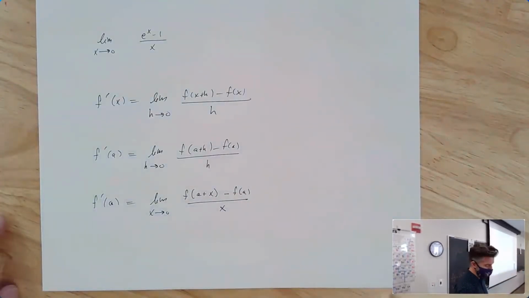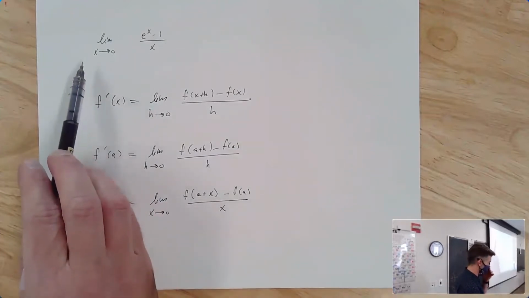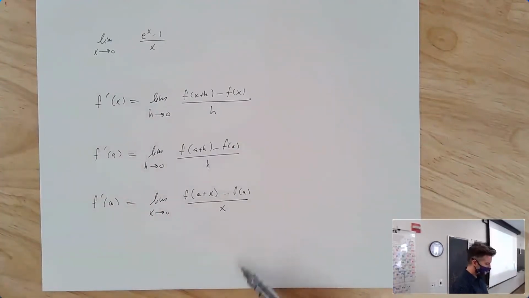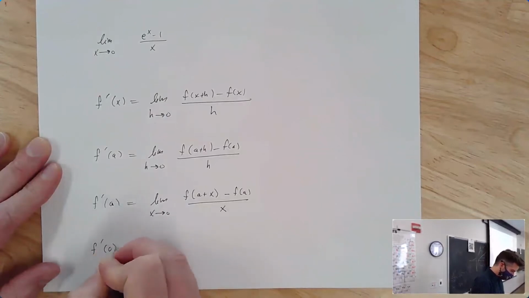Does anyone have issues with what I've done so far? Other than why would I use x instead of h? Because they're using x instead of h there. Okay. I'll ask this right away. I'm interested in finding the derivative of a function at 0.